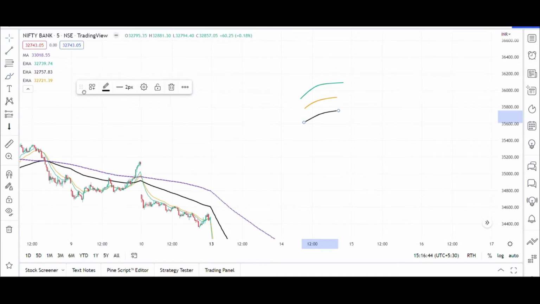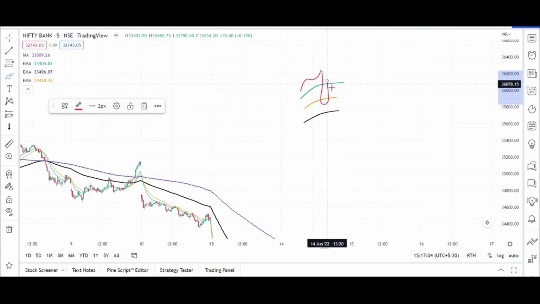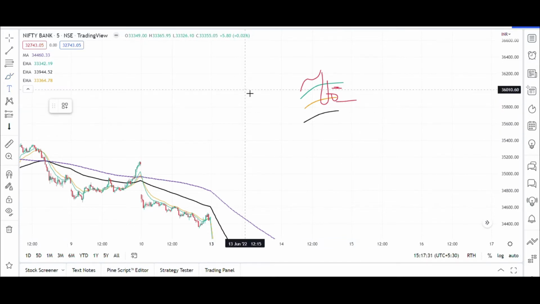To take the quick counter sell trade, if your price is moving above all of these in the bullish trend, but as soon as it gives a closing below 10 and 20, whichever candle gives the closing below 20, mark the high of that candle and keep the stop loss there. Enter on the next candle that breaks the low of this candle, with the first target of the 100 exponential moving average, or if the 100 exponential moving average is far away, then you use risk reward.